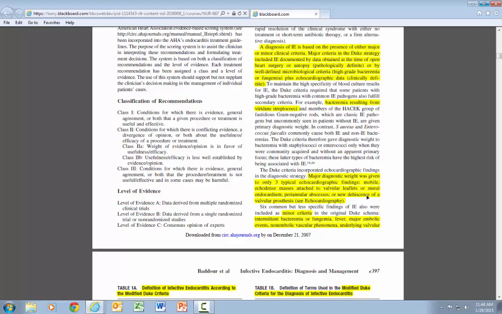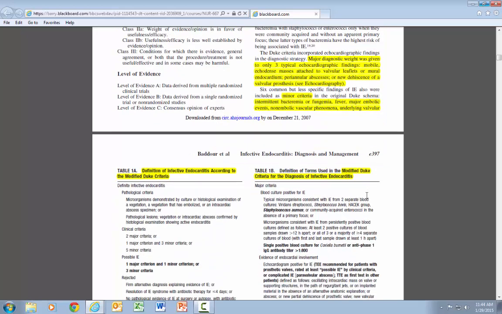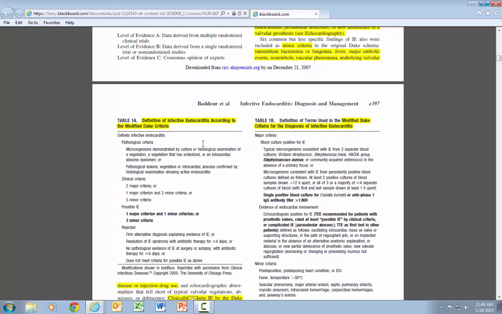Remember that minor criteria could be fever, could be any emboli event, could be any vascular phenomena, intermittent bacteremia. Here again, you have the Duke's criteria, the prior criteria, and modified criteria.